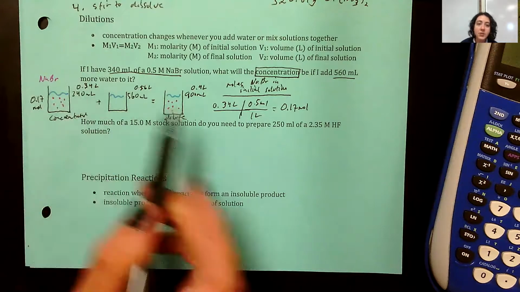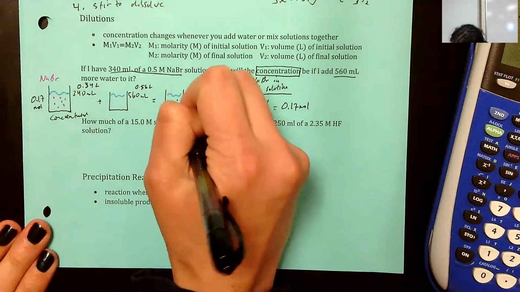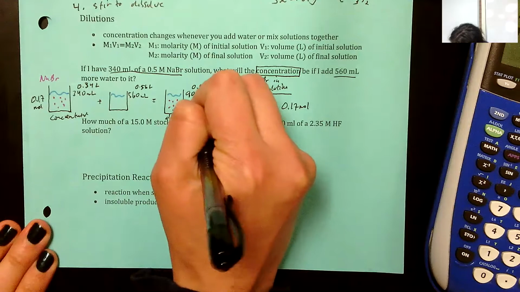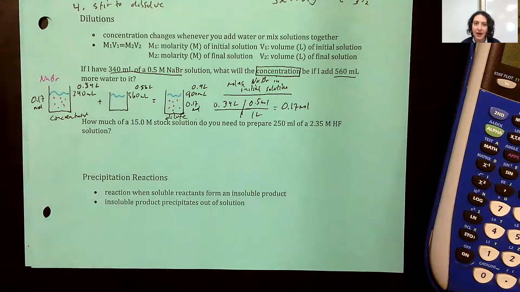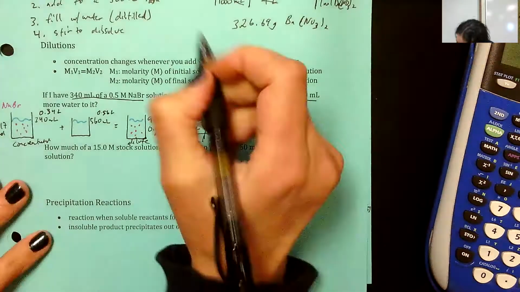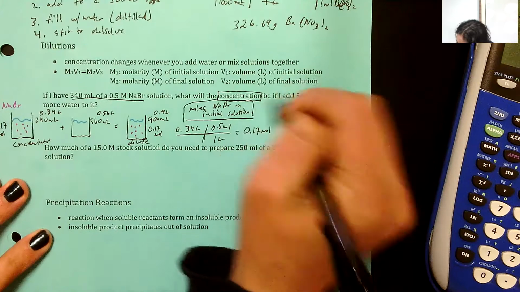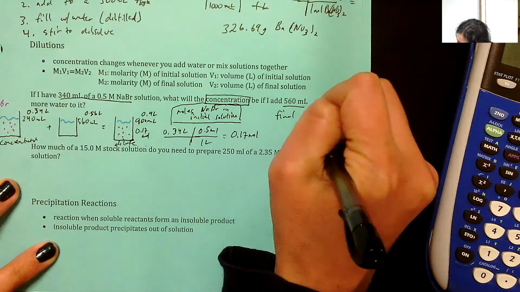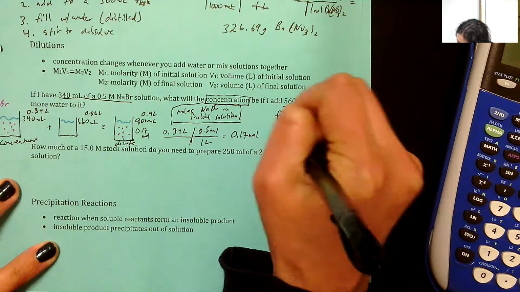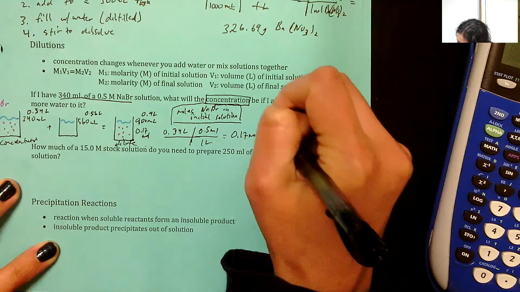Therefore, there also must be 0.17 moles in the final solution because we haven't added or removed any sodium bromide. However, we have changed the volume. So now we need to find the final concentration. Separate calculation.